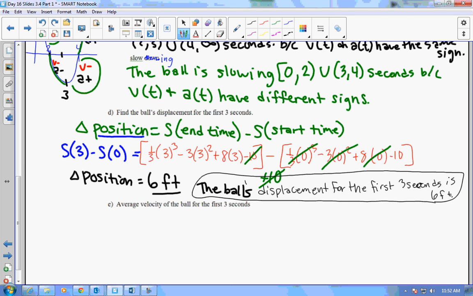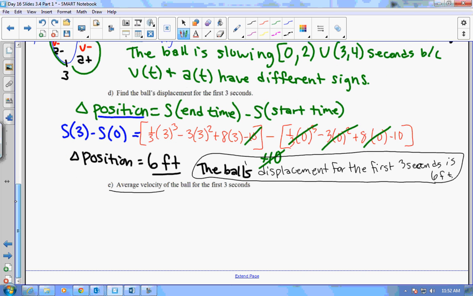Average velocity, we can at least set it up. Average velocity, ooh. What do we use? For the first 3 seconds, what does average velocity mean? There's other phrases that mean the same thing as average velocity. Rate of change.